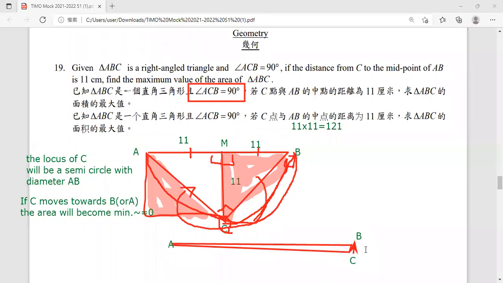Put C on B, okay? Put C on B. I forgot something. Okay. Any question?